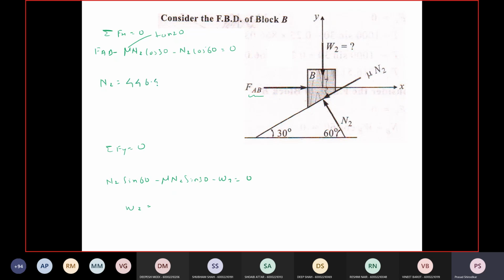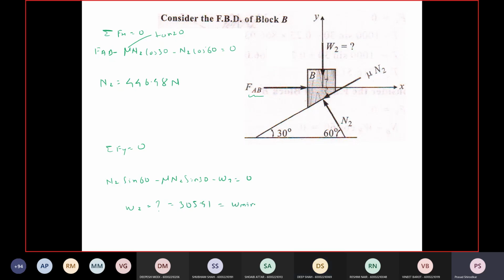I put 446.48, so your answer is also correct. Calculate the value of W2. 305.41, 305.4. Okay, so this is the value of W min.